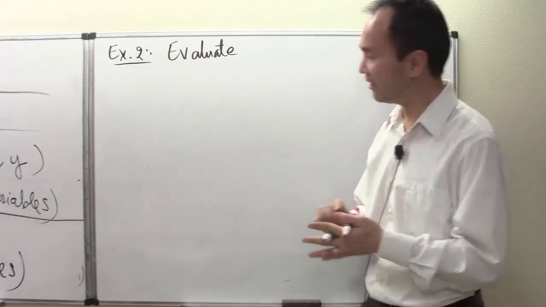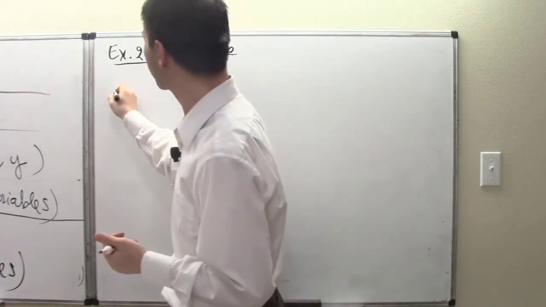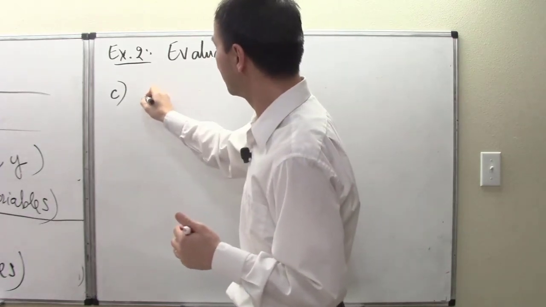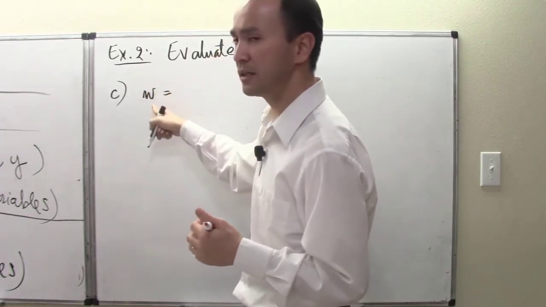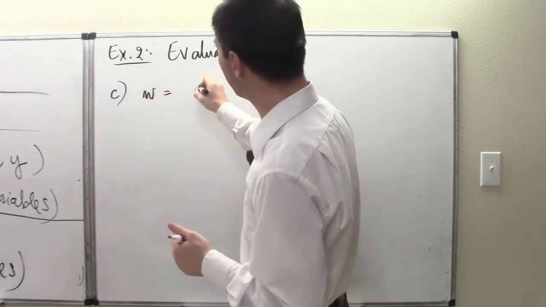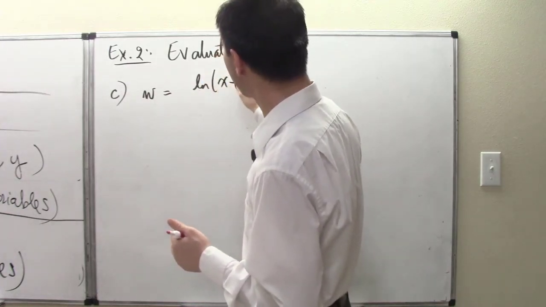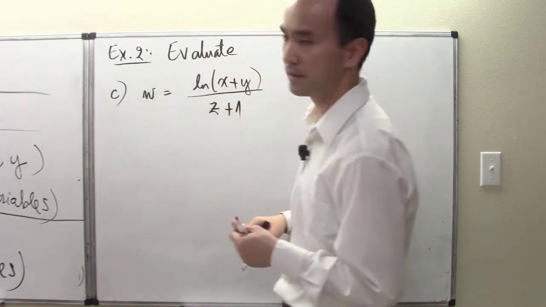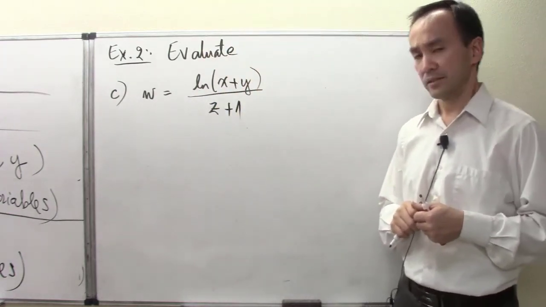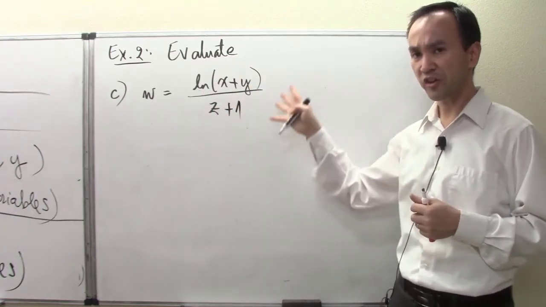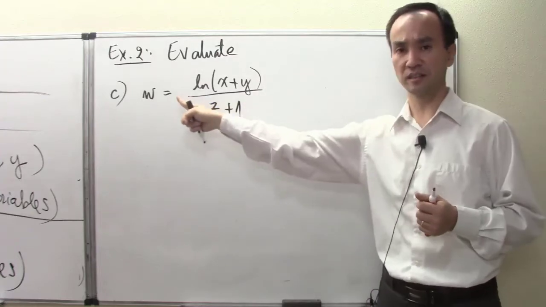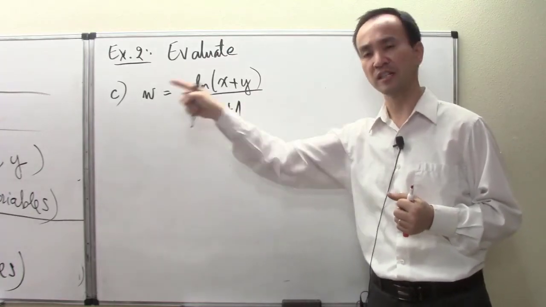All right, so now in part C of our example, I'm just going to write down, we want to evaluate w equals, how about a natural log of x plus y, divided by z plus 1. We want to evaluate this expression, and the final outcome will be represented by the w variable.